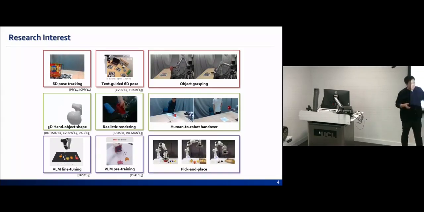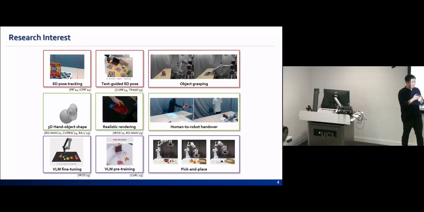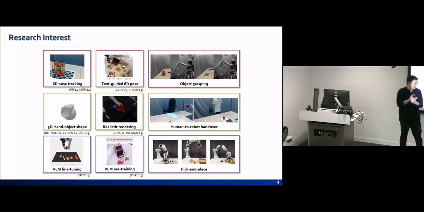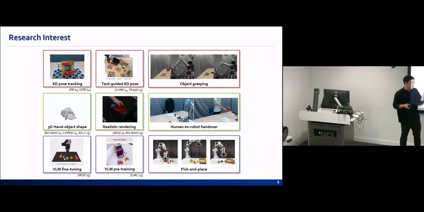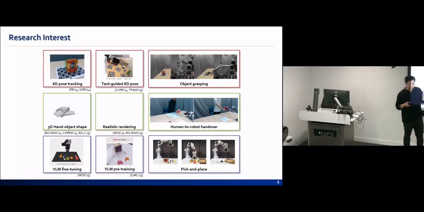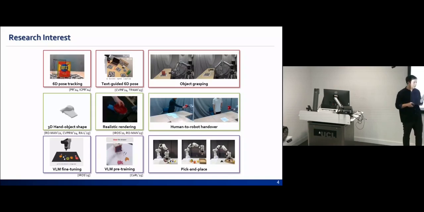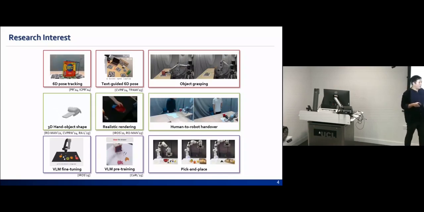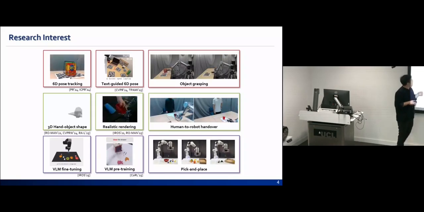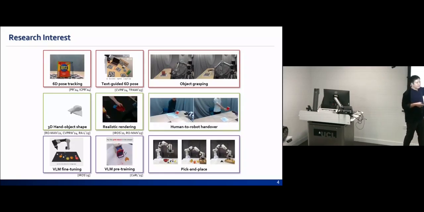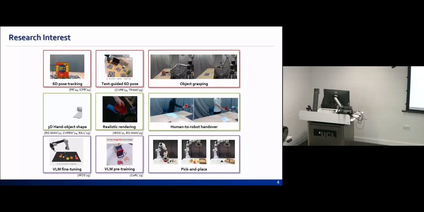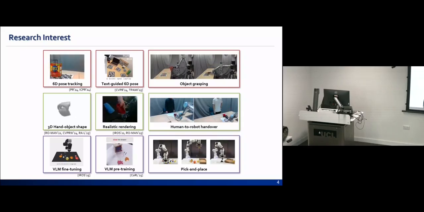So 6D pose means that we would like to understand about the XYZ location or the translation of this object in the 3D world, and also the rotation, how this object, based on the reference view, has been rotated with respect to the x-axis and the y-axis and the z-axis. If we can have some understanding of this 6D pose, then it means that now the robot understands where this object is placed and how. And then we can execute this kind of object grasping.